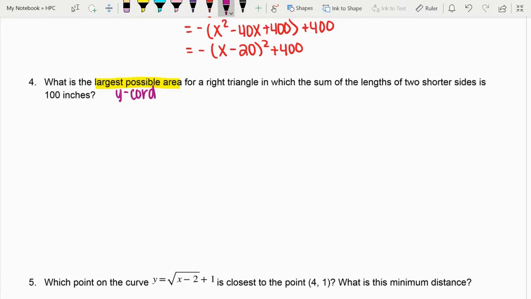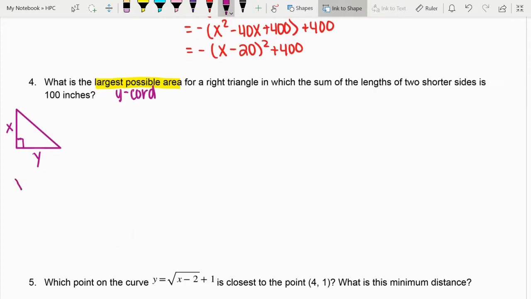This time we have a right triangle. So we will have x and y, and I know to pick those two sides because it says that the sum of the lengths of the two shorter sides is 100, and of course the side across from the right angle, the hypotenuse, is the longest side.